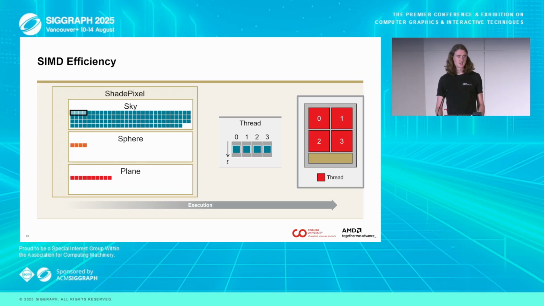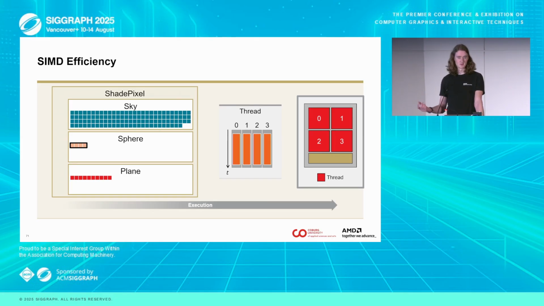Bastian has already said that the GPU will try to best use the thread groups available and combine multiple records into just a single thread group. And here we can combine, in our small example, 4 pixels for the shade sky into one thread group, or we can combine 4 pixels for the sphere in a thread group.